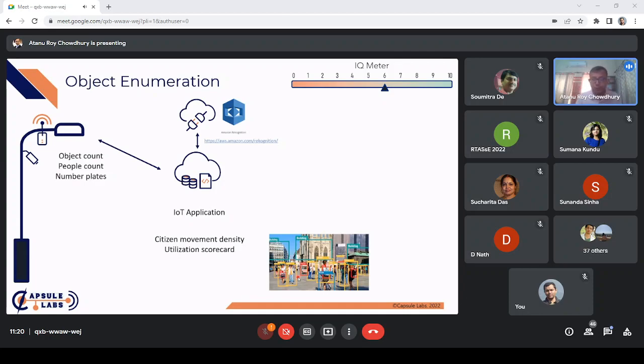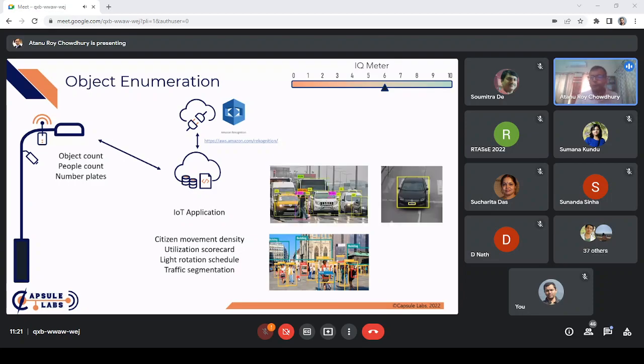So these utilization scoreboards are great. I can create light rotation schedules, just like you rotate the tires in a car, just to even out the wear and tear. You rotate the front wheels with the back wheels. Similarly, you can rotate the lights around, and the overall network lifetime increases.